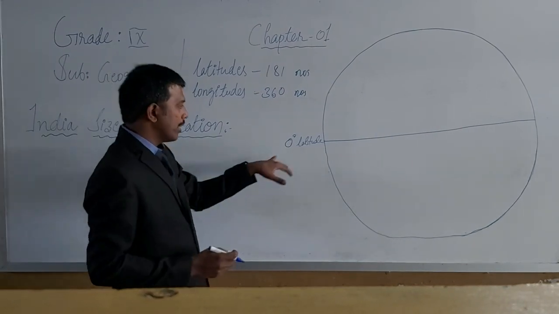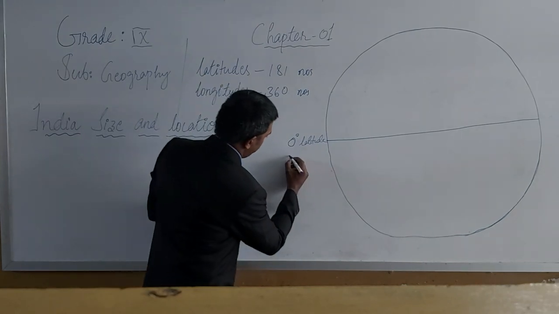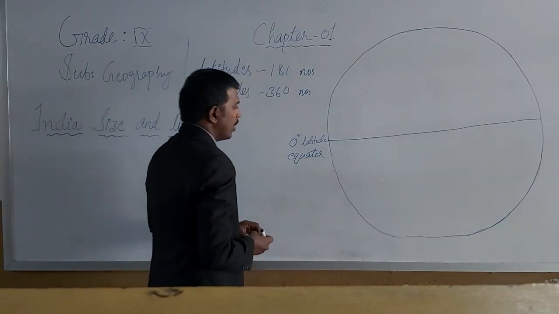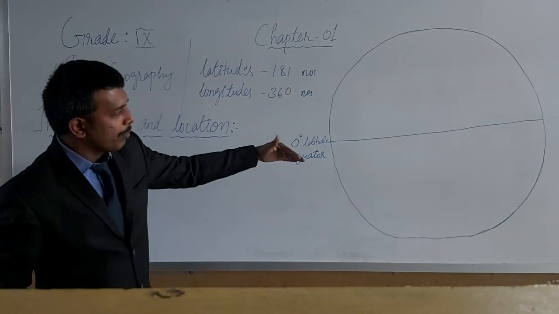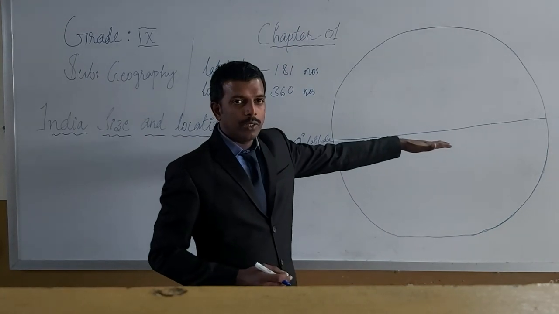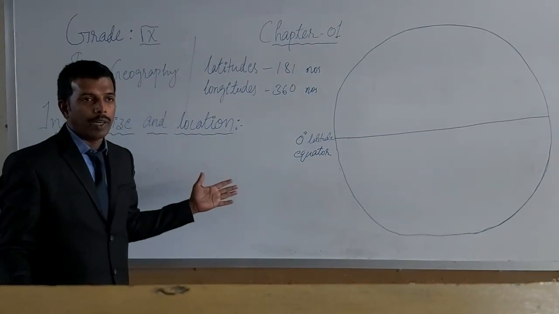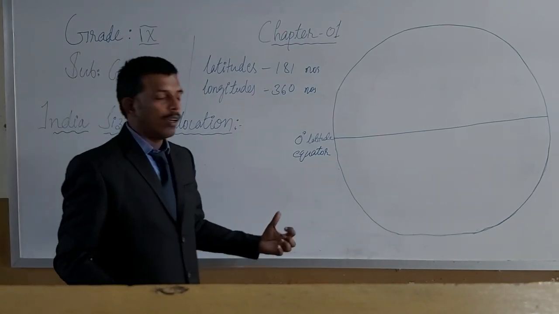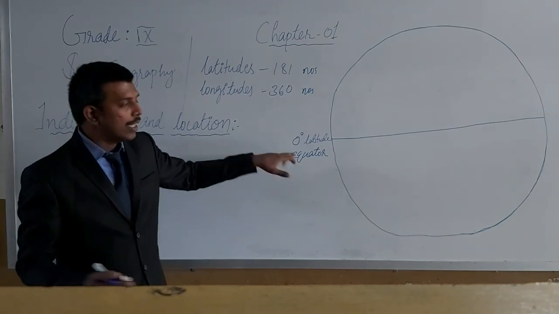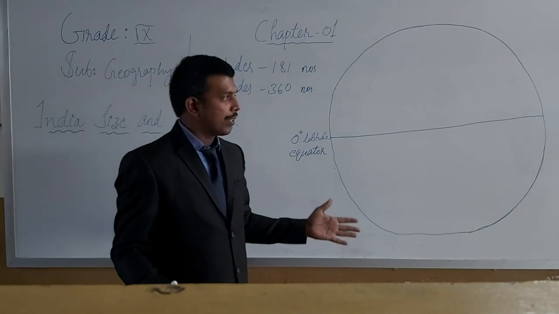The other name for this 0-degree latitude is equator. It is very clear from the figure that this 0-degree latitude is dividing our earth into two equal parts. That is the reason why this latitude got the name equator. It equally divides earth into two equal parts.